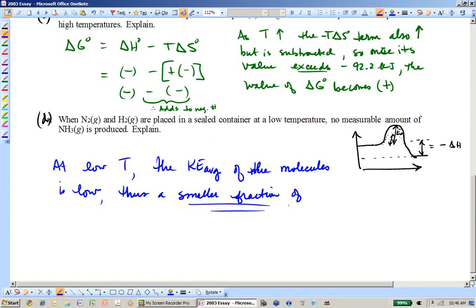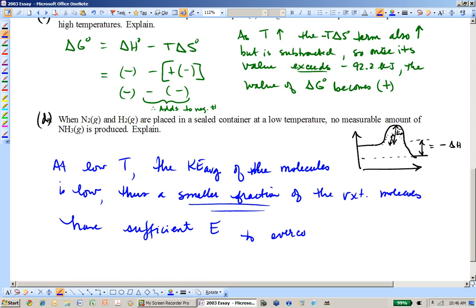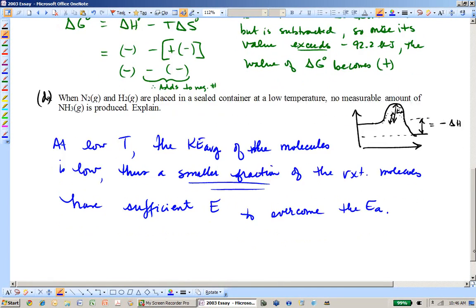So a smaller fraction of the reactant molecules have kinetic energy above the activation energy. Smaller fraction of reactant molecules have sufficient, another big people word, sufficient energy to overcome the activation energy.